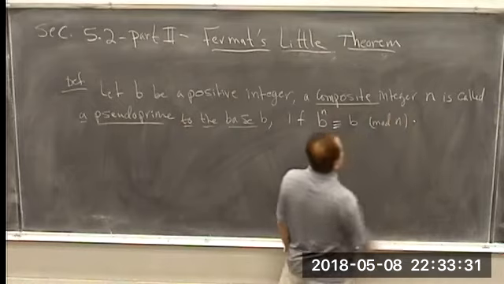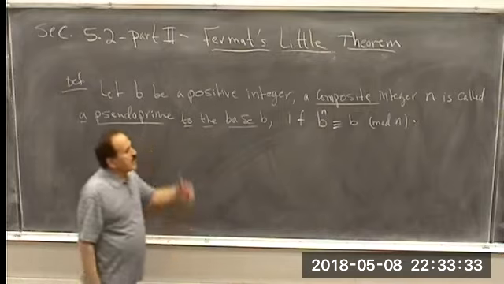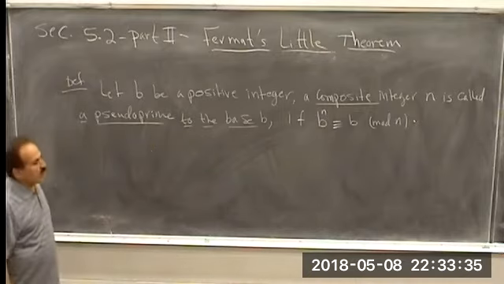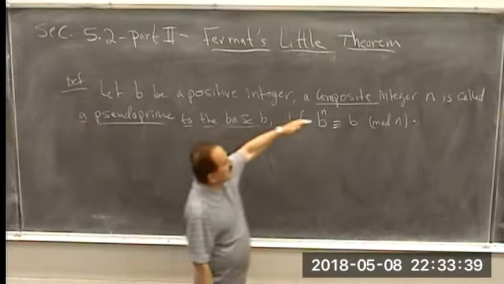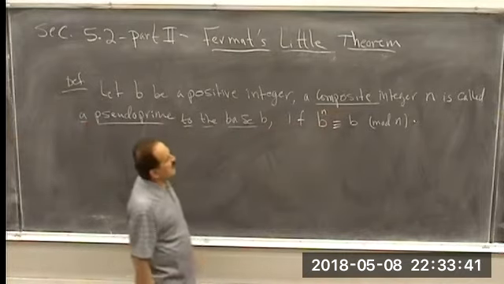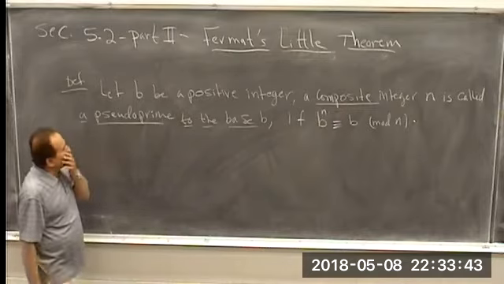In other words, it passes the Fermat congruence, but being composite, we call such numbers pseudoprime to the base b.